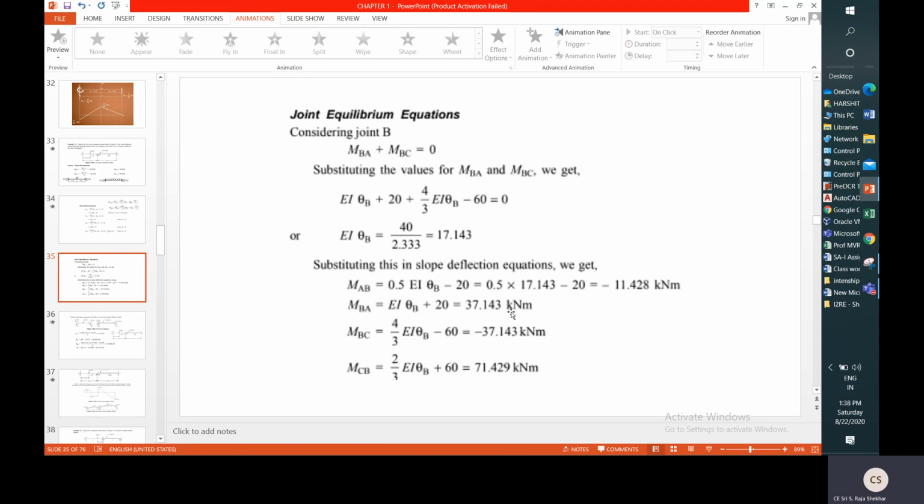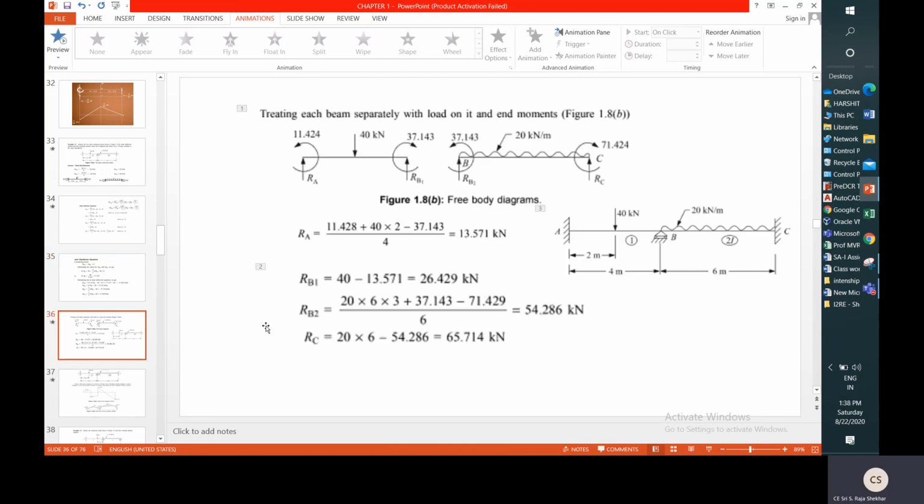MBA is equal to 37.143, this is positive. And MBC is equal to 37.143, this is negative. MCB is equal to 71.429, it is positive. I have written them here. So this is the applied load of 40 kilonewton, and this is the applied load intensity of 20 kilonewton meter. This is the given problem.